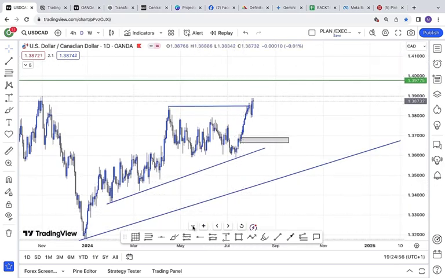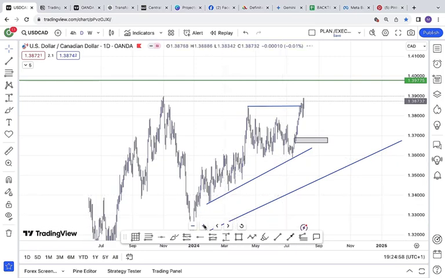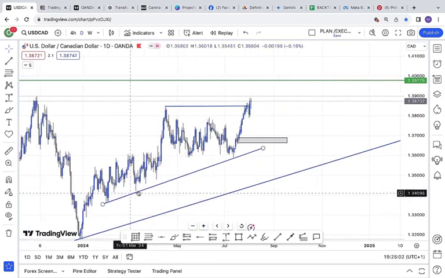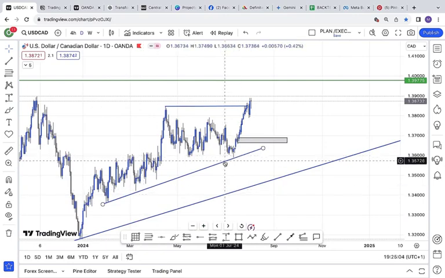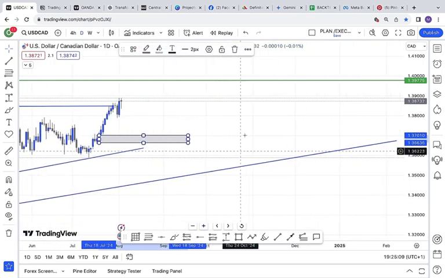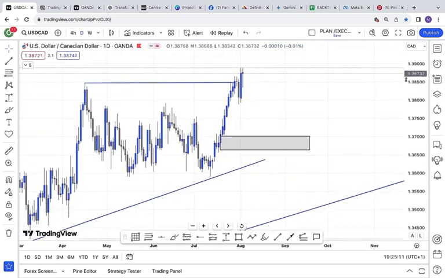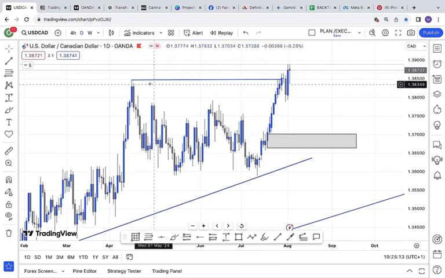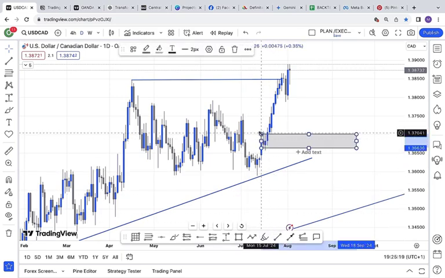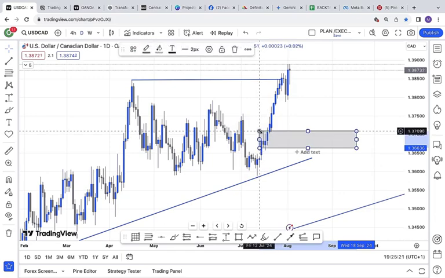Moving on the daily time frame, we have this trend line, this internal liquidity trend line, and if we look closely, the market has taken out this structure and we are in a bullish trend. And we have this demand zone here.